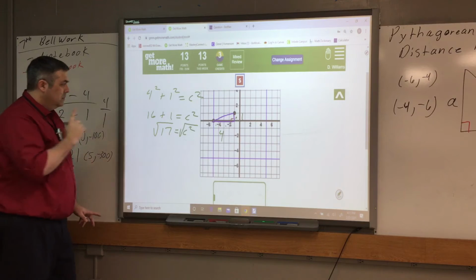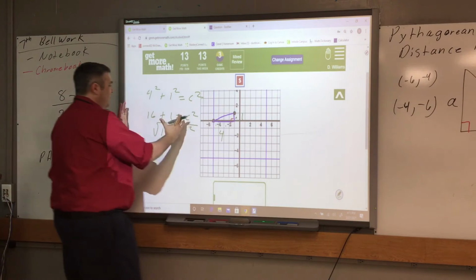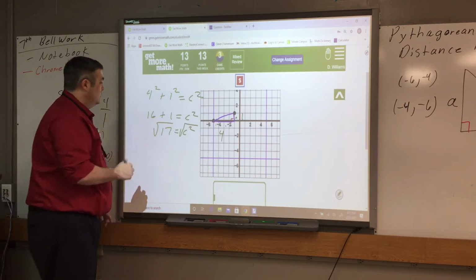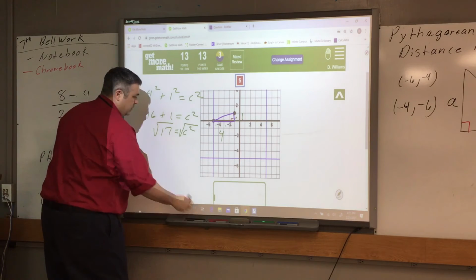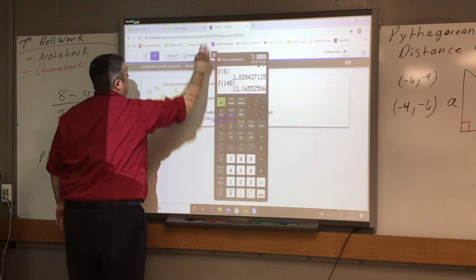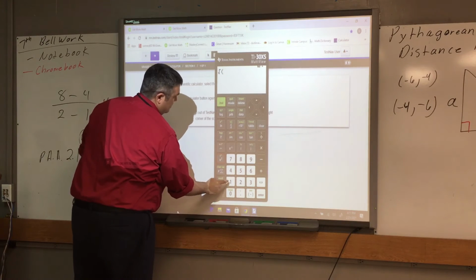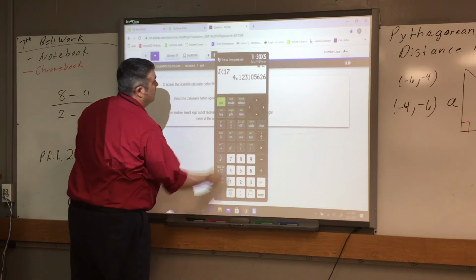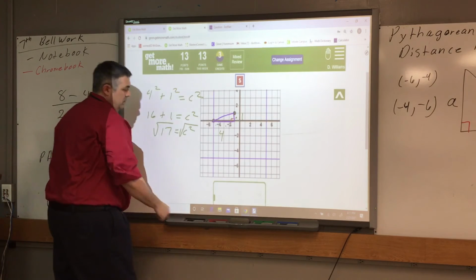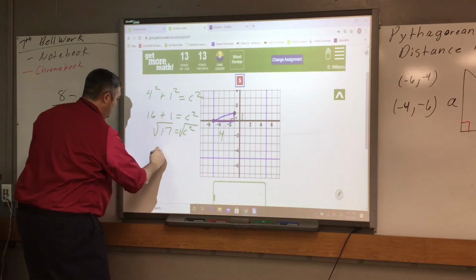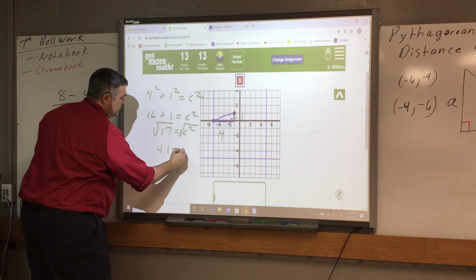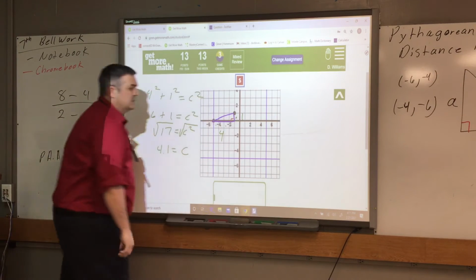So this is the part that I'm worried about. I feel like we should, at this point, be able to do this. So square root of 17. Second, square root 17. 4.12. 4.1 equals c. That's what you're doing with this.